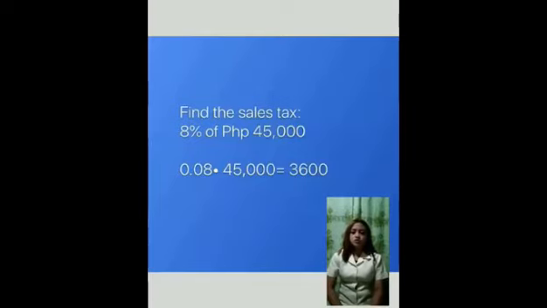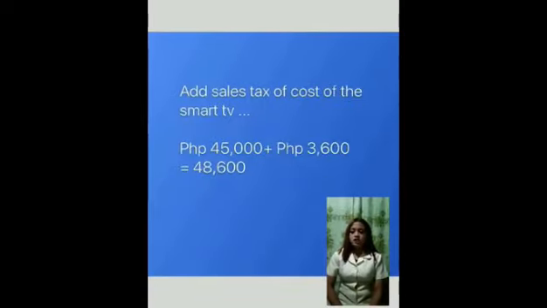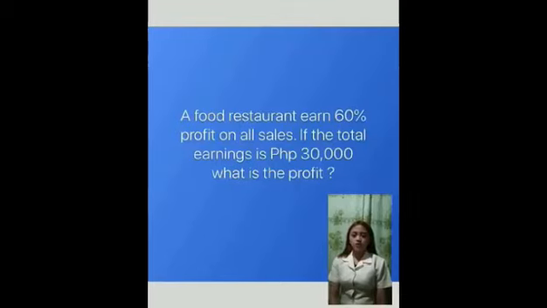Change the percentage to a decimal. 0.08 times 45,000 is equal to 3,600. Then add the sales tax to the cost of the smart TV: 45,000 pesos plus 3,600 pesos is equal to 48,600.